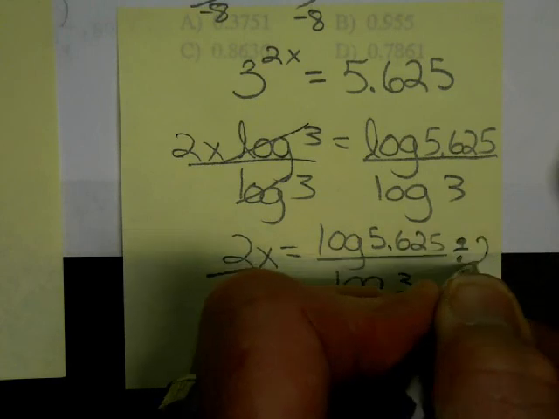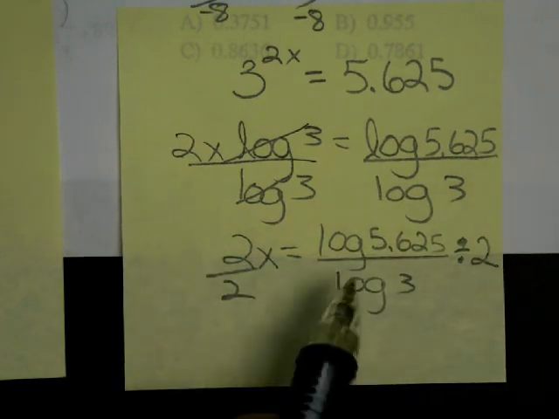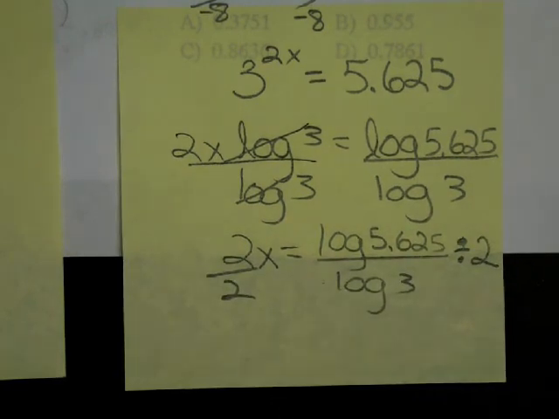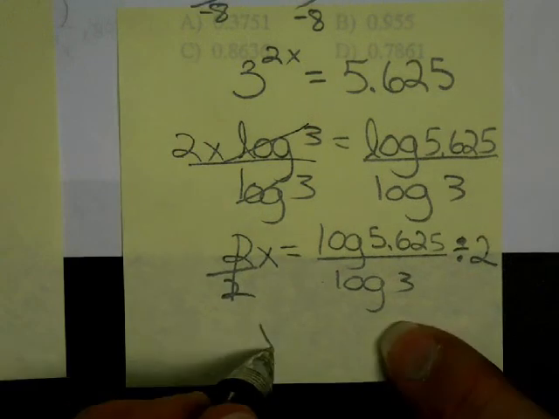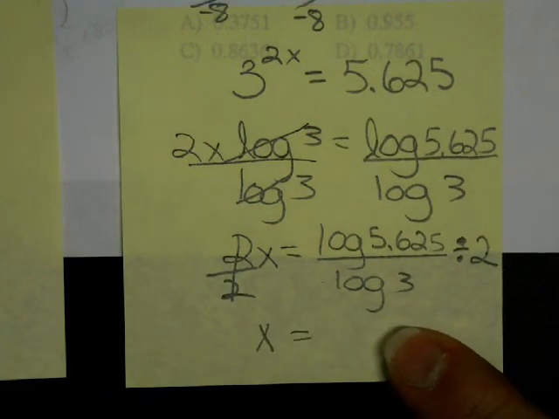And then I would take an extra step to divide by 2. So that's divide by 2, divide by 2. So I could have put it there, or I could have written it there. Either way. And it might just be me, I find it easier to type decimals into the calculator than fractions.